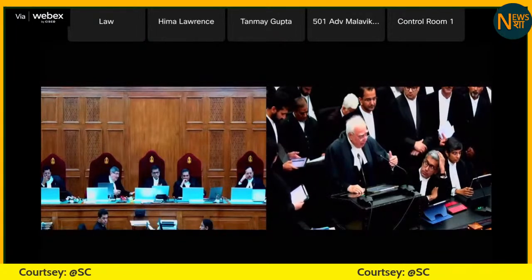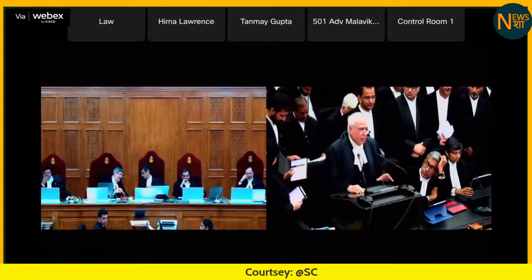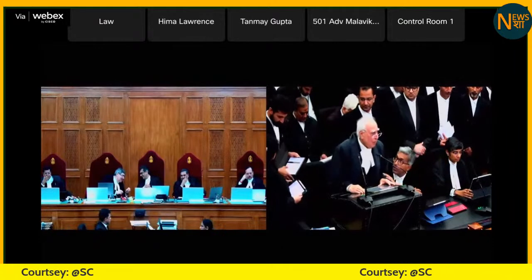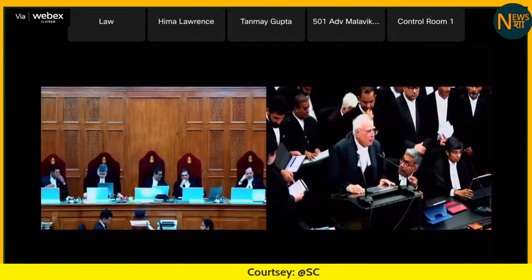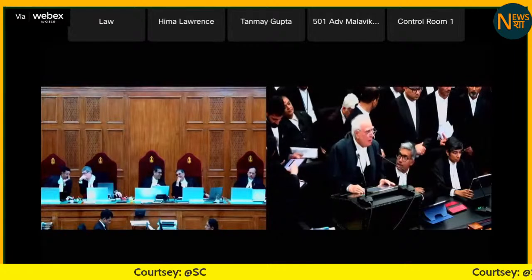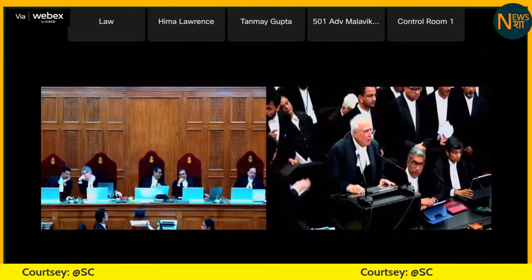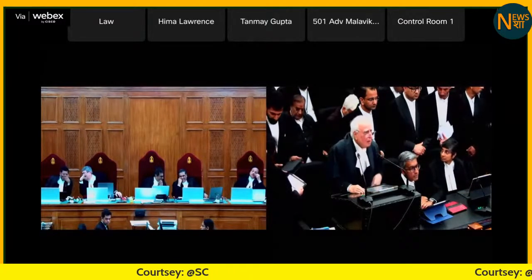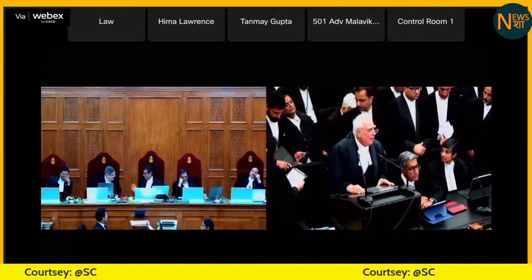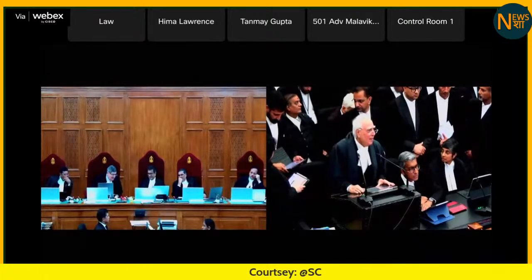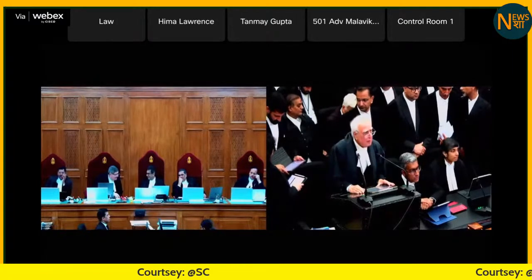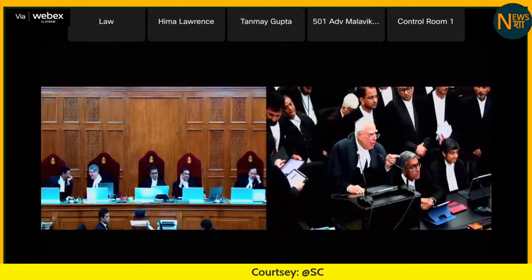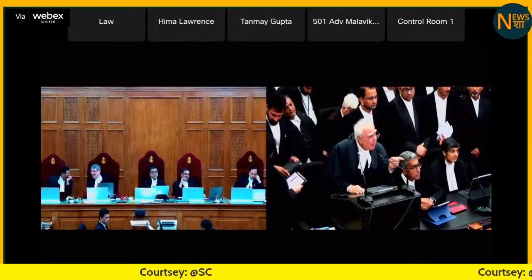what happened in 1957 when the Constituent Assembly drafted this constitution and it was adopted. Right. And remember the 1954 order came when the Constituent Assembly was there.